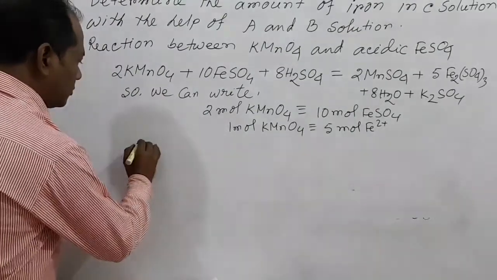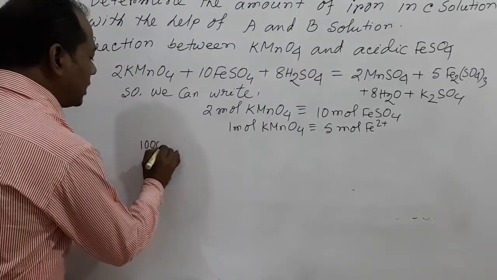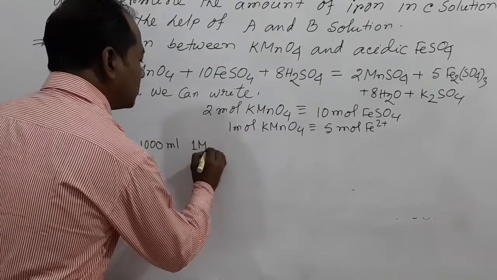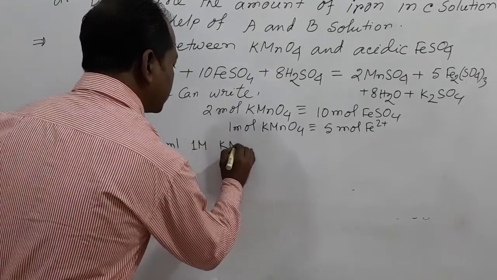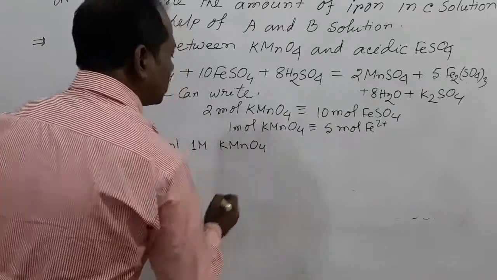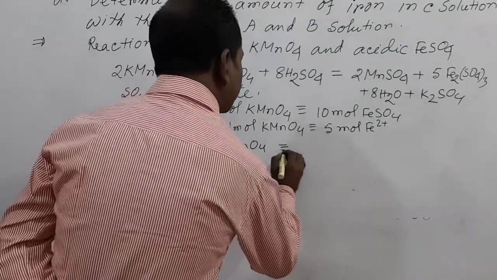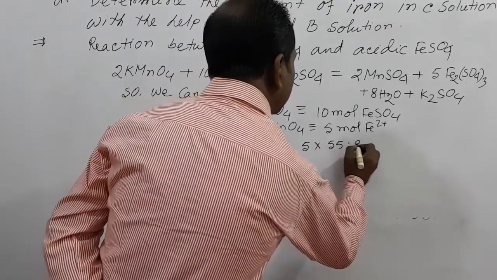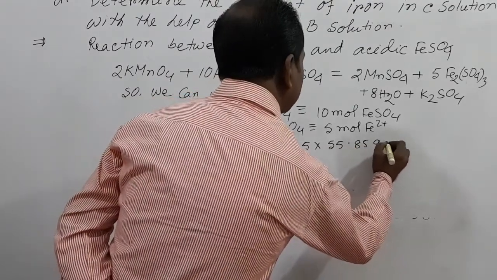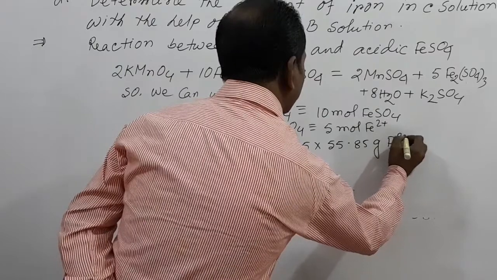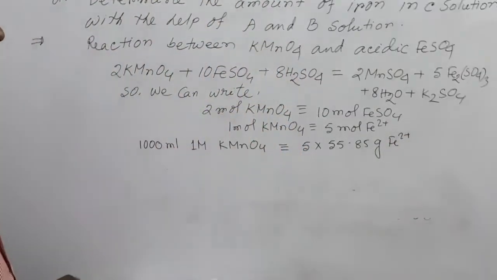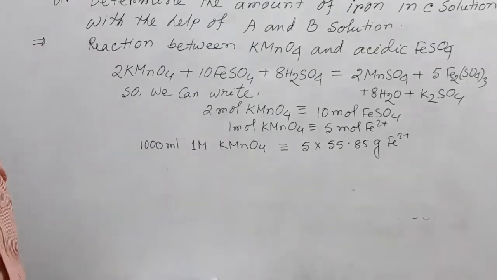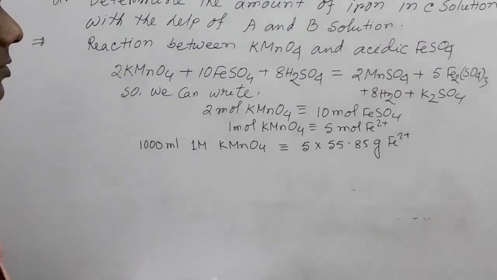Now 1000 ml of 1 molar potassium permanganate is equivalent to 5 into 55.85 gram Fe2+, because we know that 1 mole ferrous iron, or 1 mole iron, equals 55.85 gram.